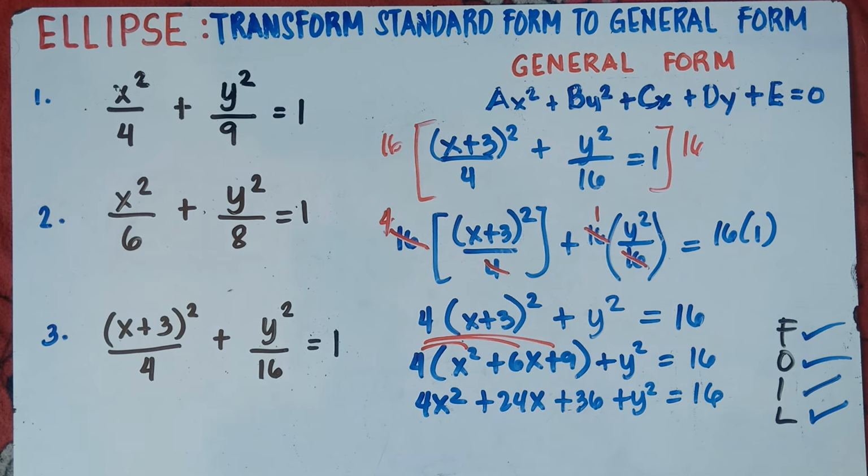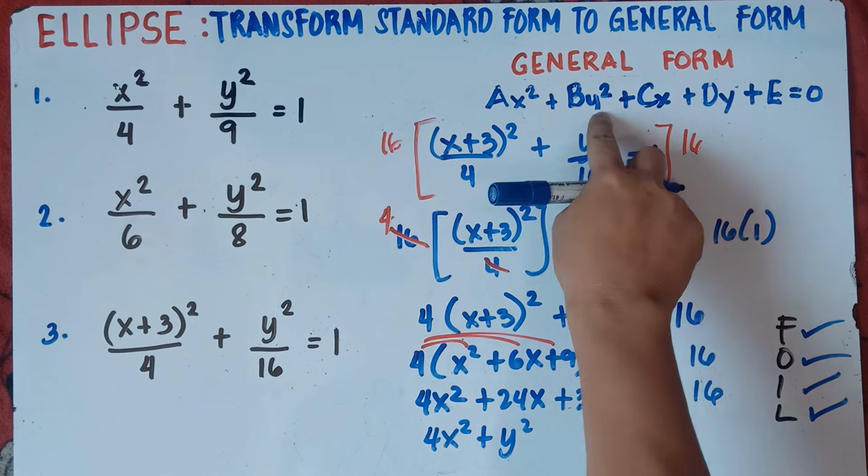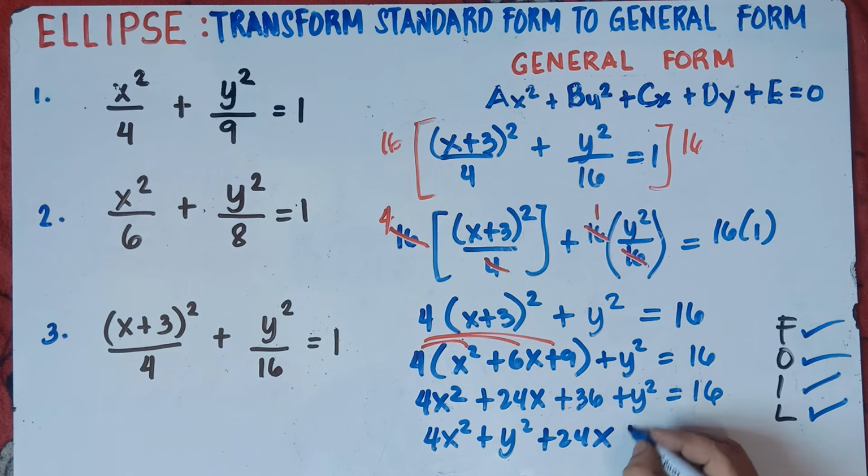Alright, and then you arrange, class. So this will be 4x squared plus y squared plus 24x plus 36, then transpose 16 from right to left. This is positive, it will be negative 16 equals 0.